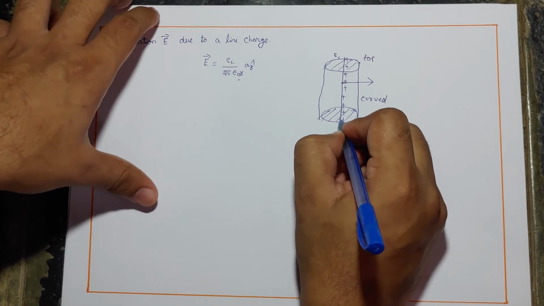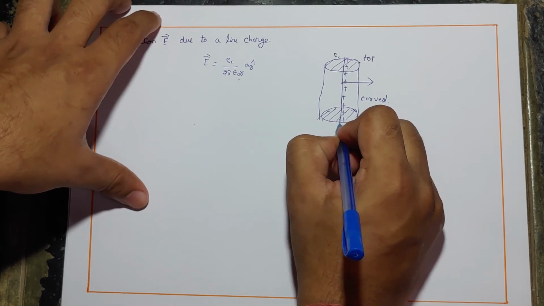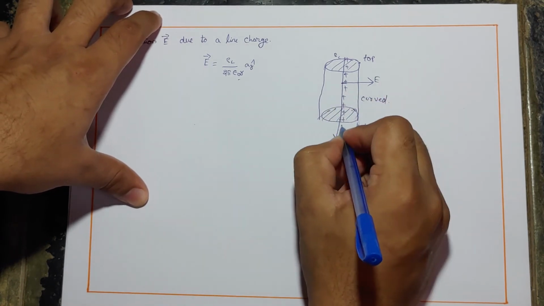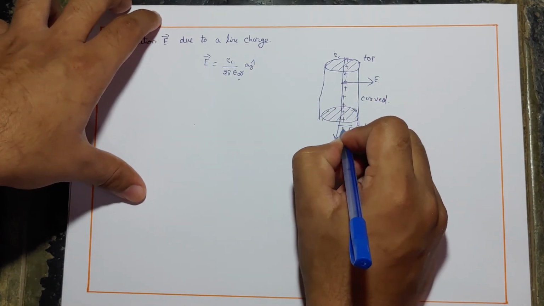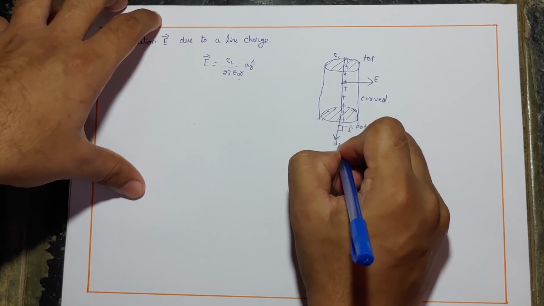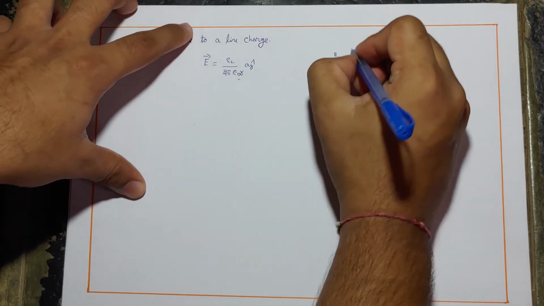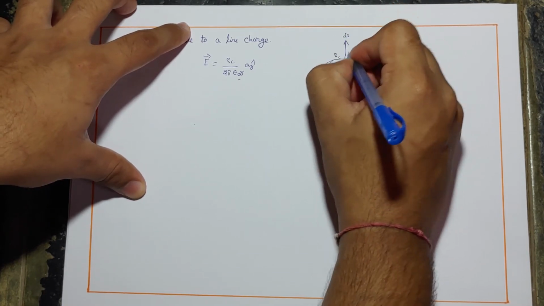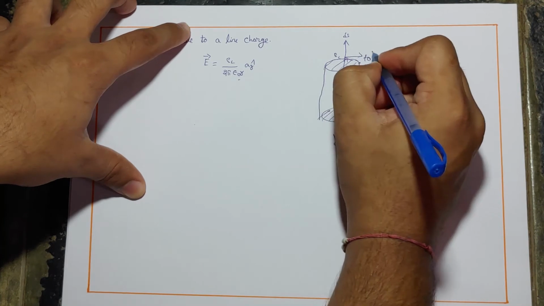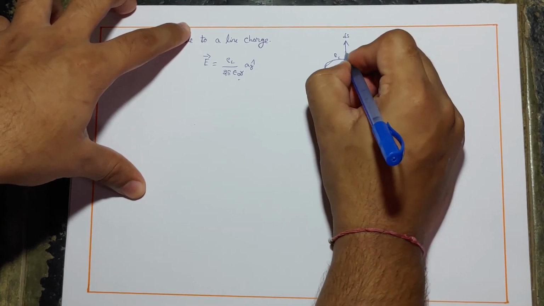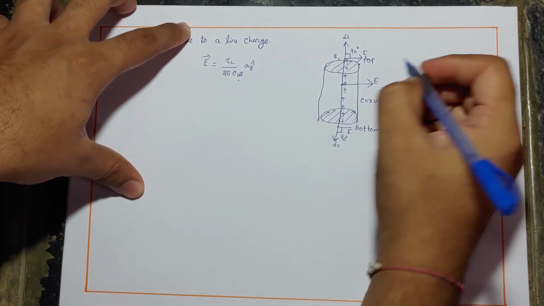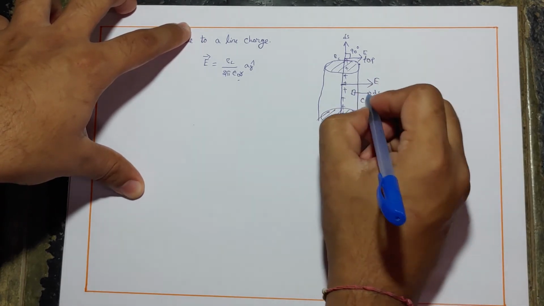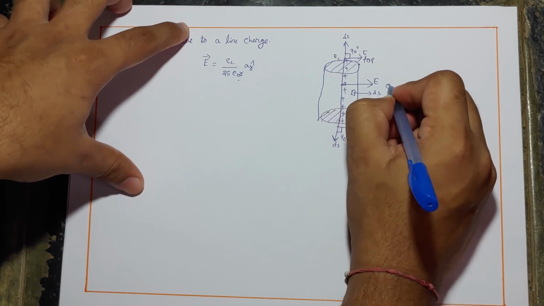Here bottom surface direction would be in this direction and the electric field would be in this direction, and the angle between them is 90 degrees. And the same way direction of surface would be in this side ds, and the electric field would be in this direction and the angle between them is 90 degrees. Here let us take a differential element of ds and these two are parallel, so angle between them is equal to 0 degrees.